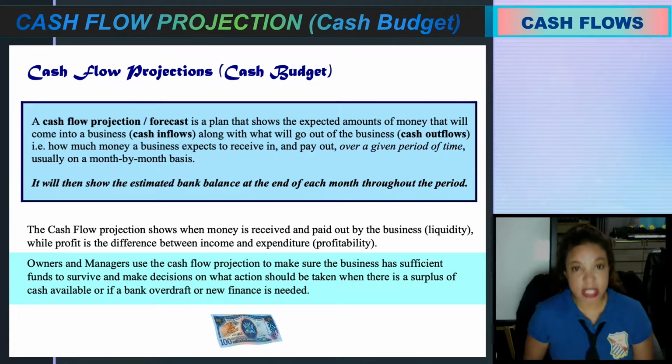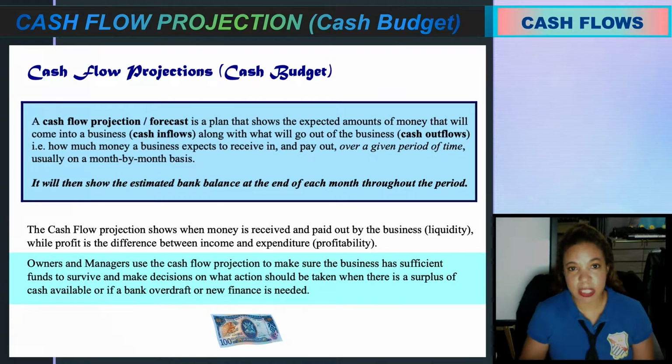And the business is interested basically for liquidity reasons. Liquidity, if you remember when we did the ratios for liquidity, had to do with can the business meet its short-term debts because it has enough liquid assets.